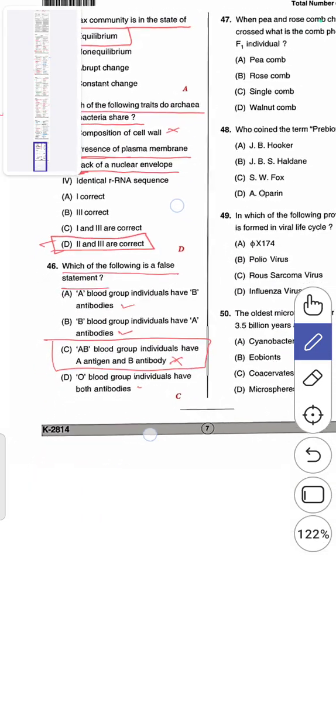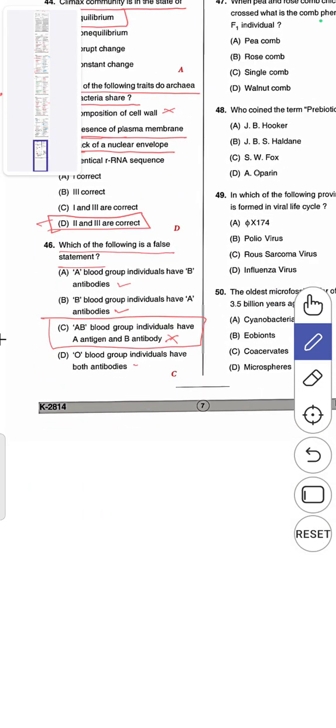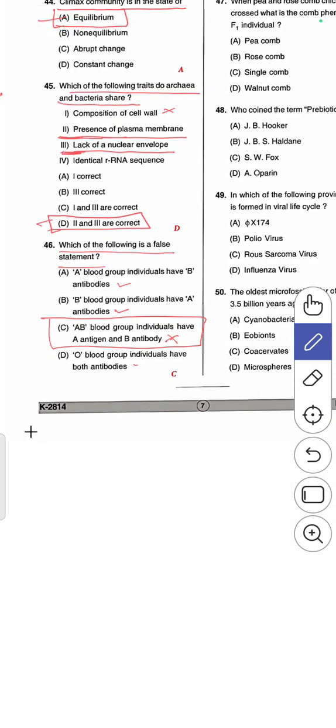So I will make a tabular column here. Consider the blood groups.